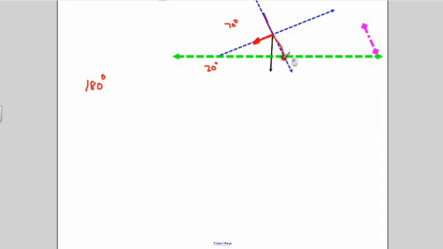It's these two that form the two vectors that create the weight.